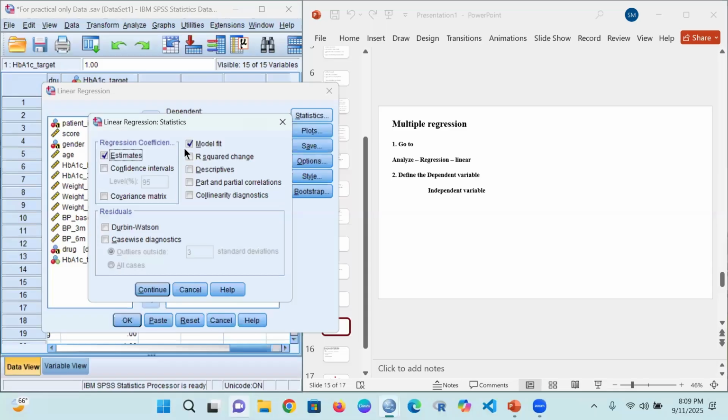So you come here and select the model fit and estimates. Select the regression coefficients and model fit. Then continue.